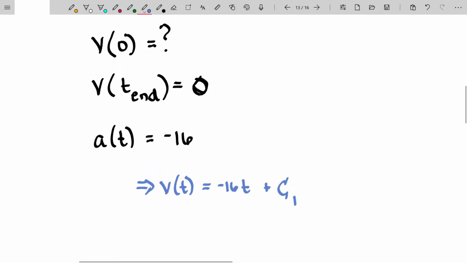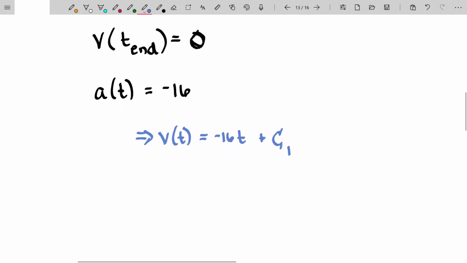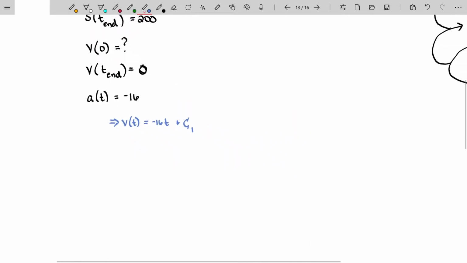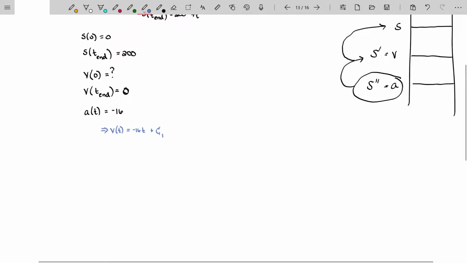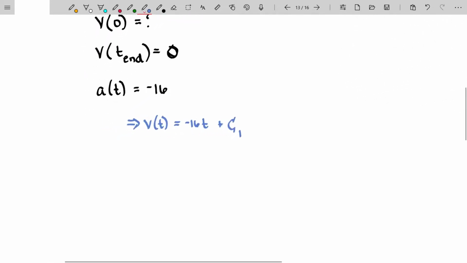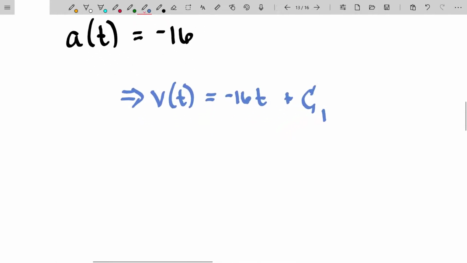I could start subbing in values, but I personally like to climb the full ladder off to the right-hand side here. I like to regenerate my position function completely. So let's take one more antiderivative.